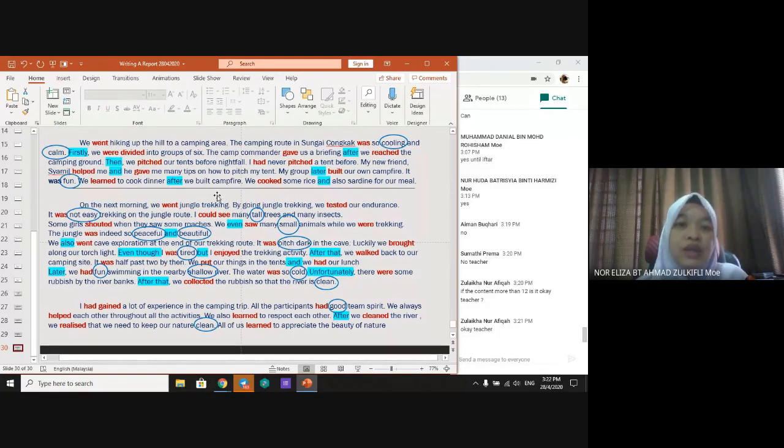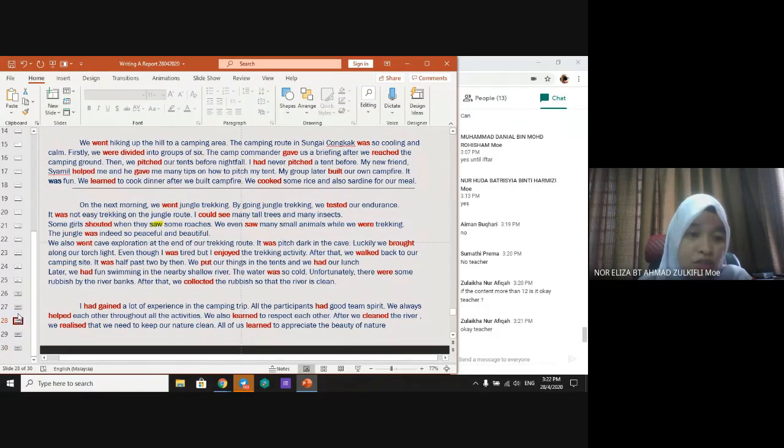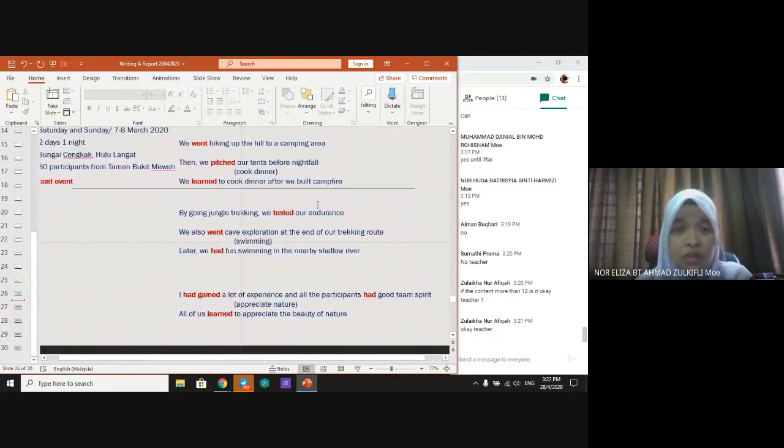Whatever notes that you get, remember the notes are only this much. But you have to elaborate. If you write only this much, you cannot get language up to 20 marks. No way. Language is 20 marks, and this is only for content, 12.